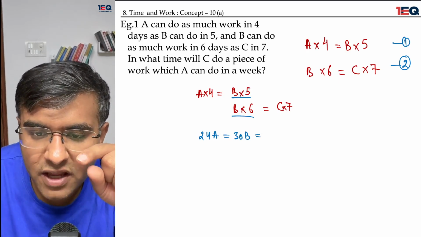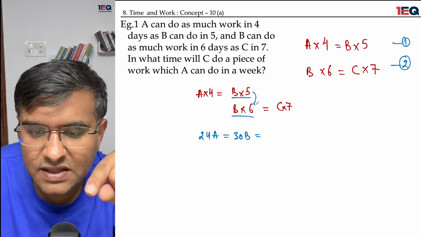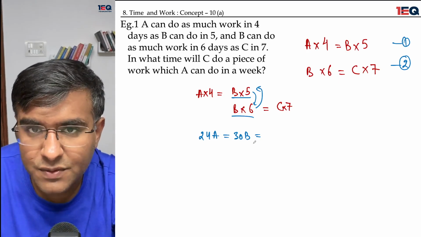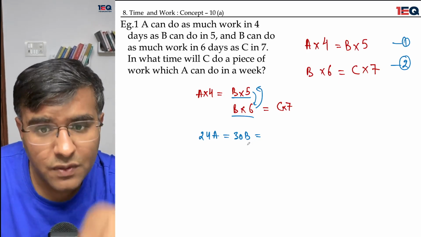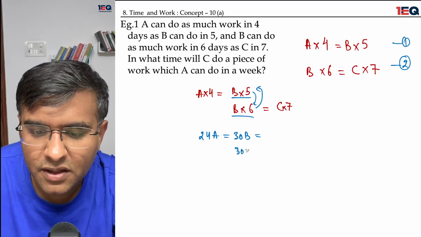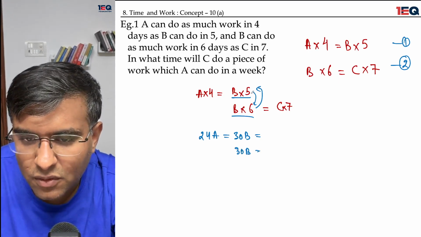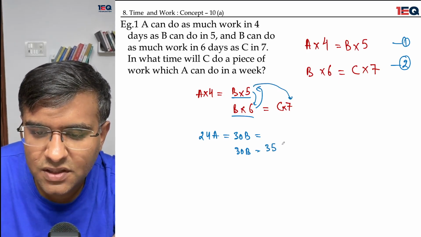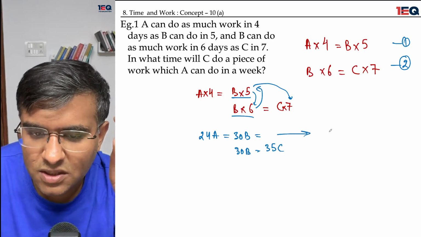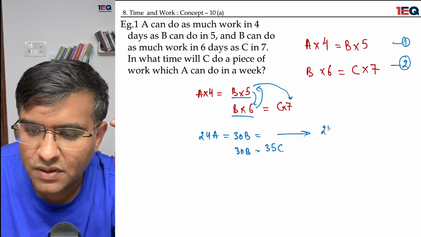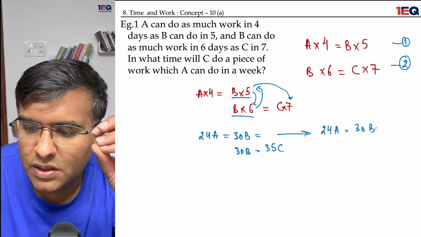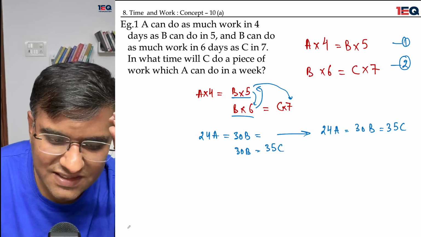Now 5 is going to get multiplied with 6. Okay, this would make it 30b, which we already have in the equation, or let me write it again, 30b. And this 5 would also be multiplied to 7. This gives me 35c. Now if I wish to streamline the situation, what I get out of it is 24a is equal to 30b is equal to 35c.